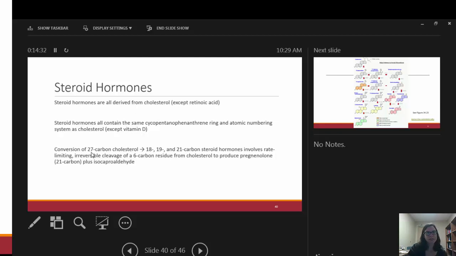So again, we have our 27, we cleave off a 6-carbon, and we produce this 21-carbon substrate.